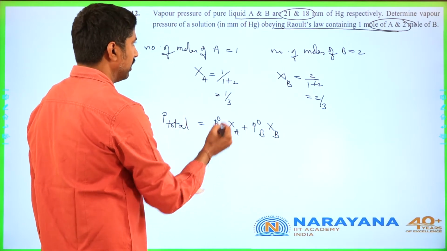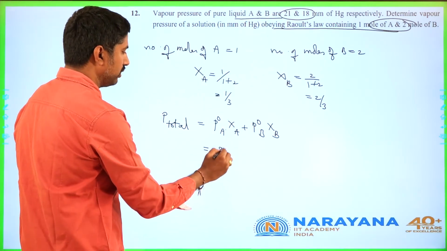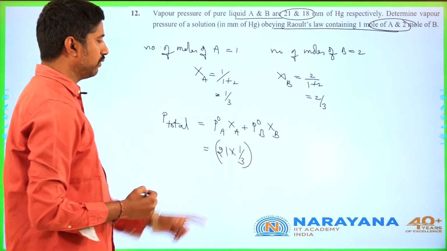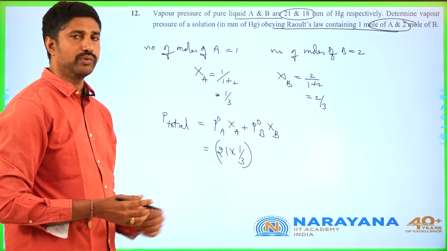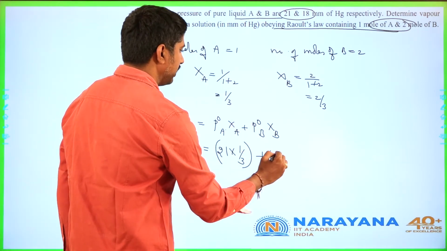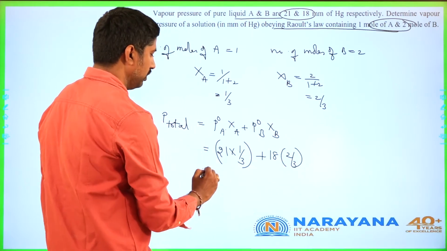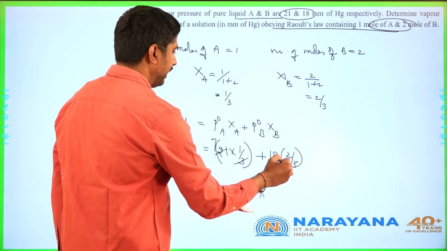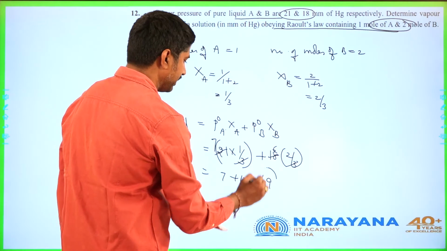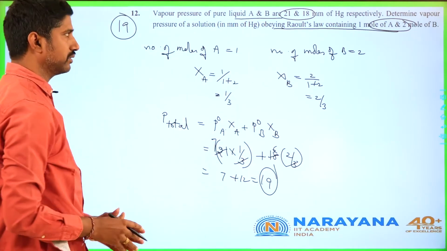P naught A, the pure vapor pressure of liquid A, was mentioned as 21, into XA, the mole fraction of A, that is 1 by 3. Plus, what is P naught B here? They mentioned 18, and the mole fraction of B in the liquid phase is 2/3. So the values are 21/3 and 36/3 here. So 7 plus 12, that is 19. So the answer for question number 12 is 19.